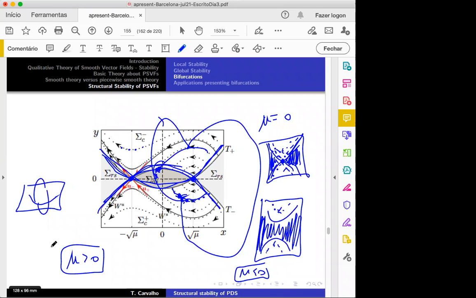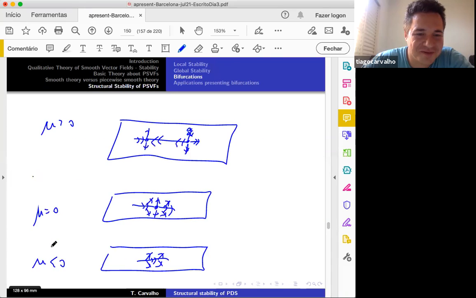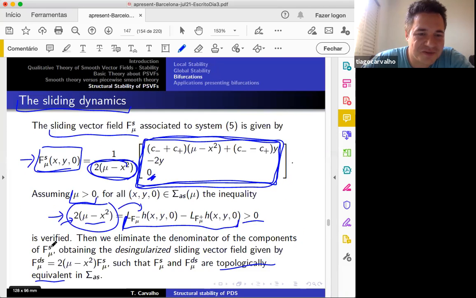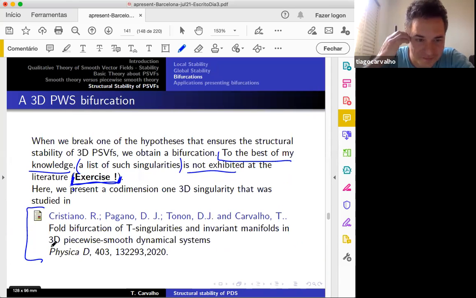Just a last comment. These three-dimensional vector fields can be used to model electronic power systems. This is related to real-world situations.